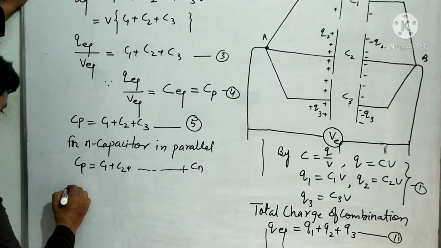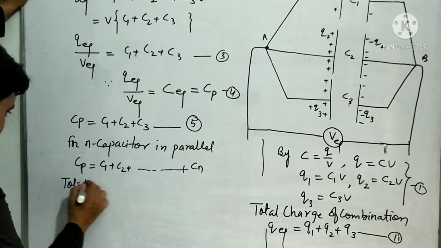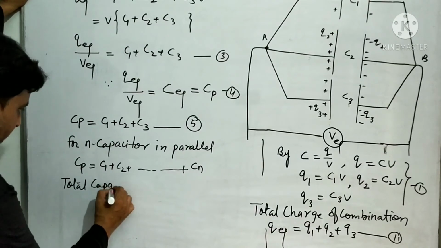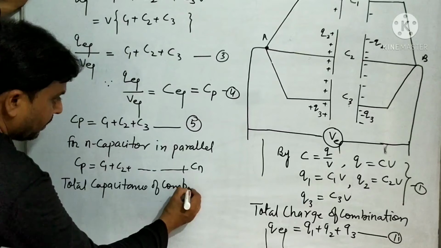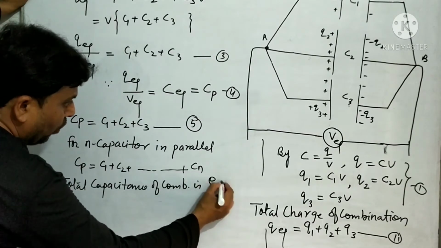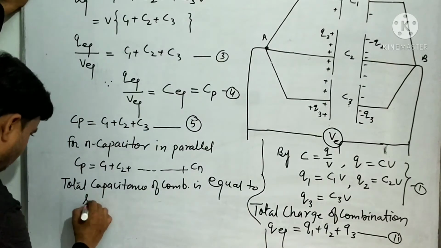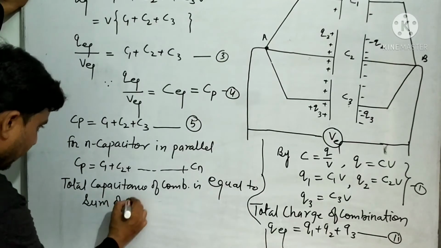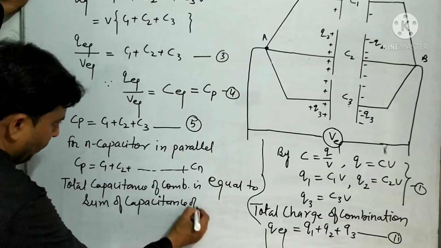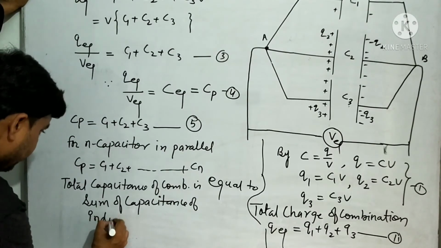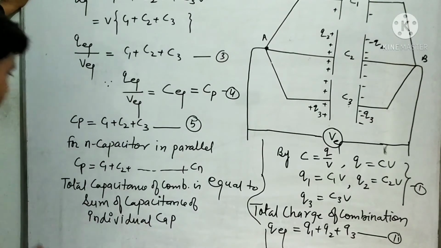Yes. Net capacitance, or equivalent capacitance, or total capacitance of the combination, is equal to the sum of the capacitances of the individual capacitors.